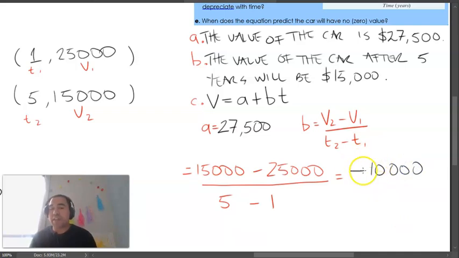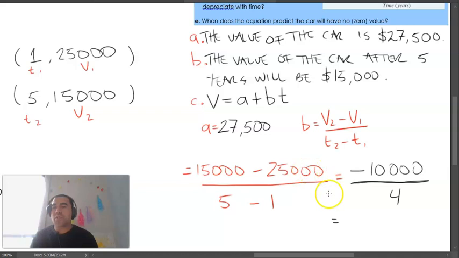But because I know the answer is negative, I've already got that negative there. Okay, so it's just a little hack if you get stuck with subtraction of a smaller number, take away a bigger number. You know your answer is going to be negative, and just swap the numbers. 5 take away 1 is 4.